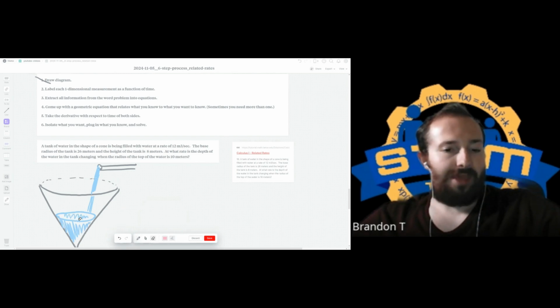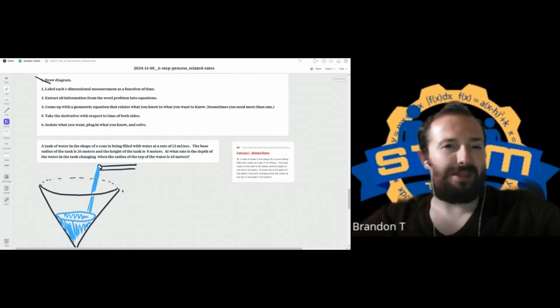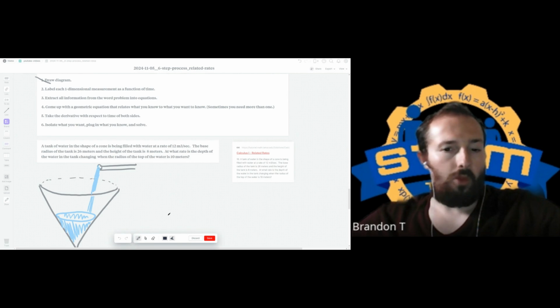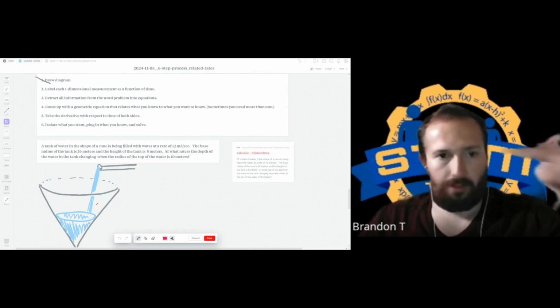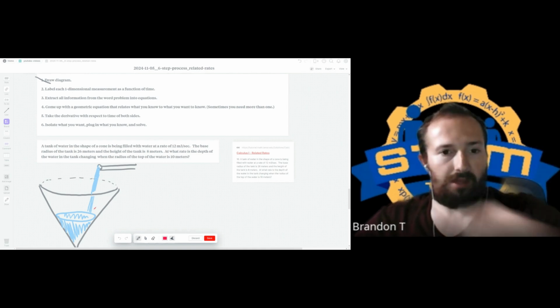I do not like doing that because I have to scribble over everything, or highlight everything, in order to do that. In my opinion, that just makes things too complicated. The way I like to do it is just to focus on one-dimensional measurements, like height, width, length, and in this case, radius.